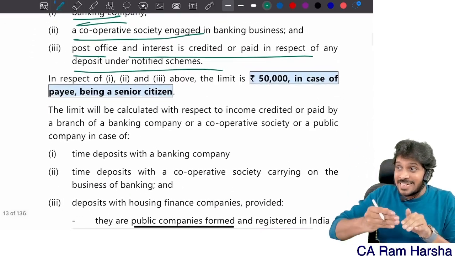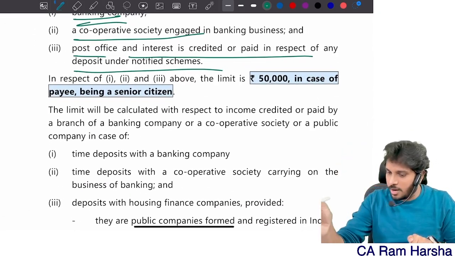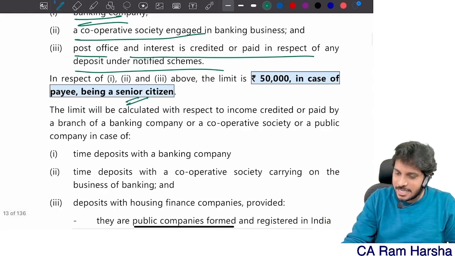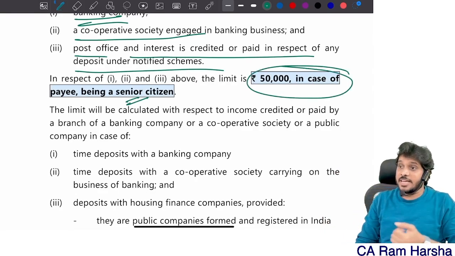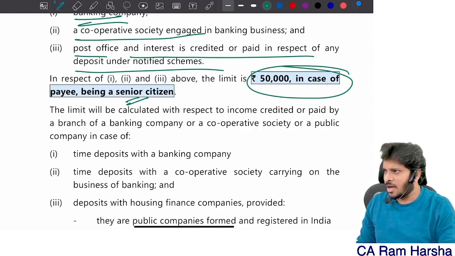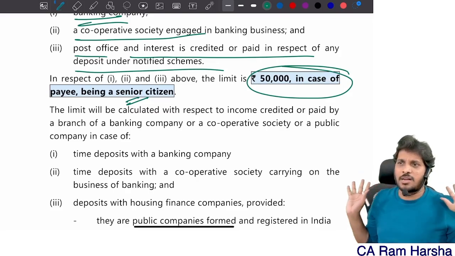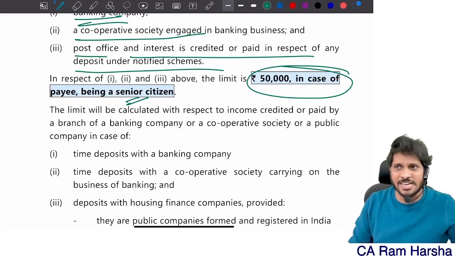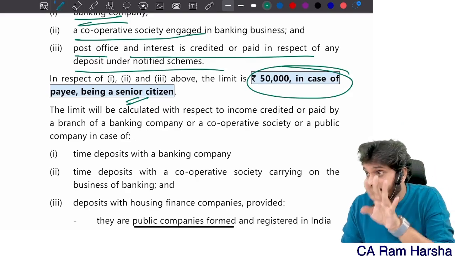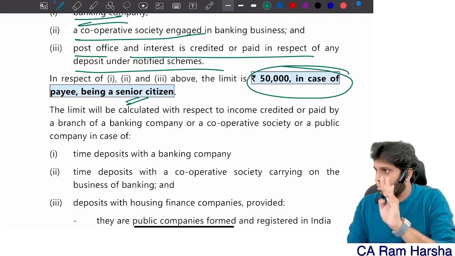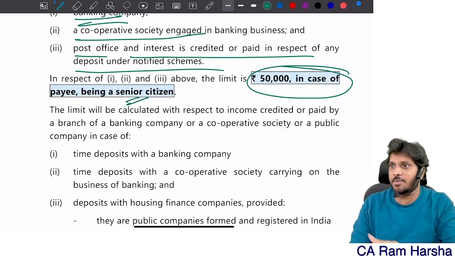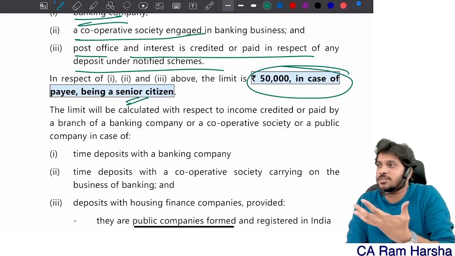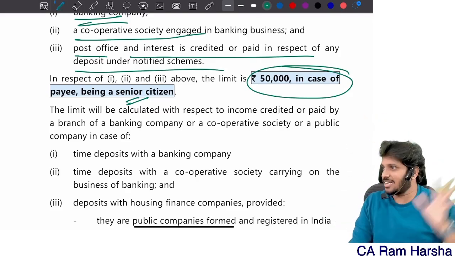Further, if the recipient is an individual and also a senior citizen, then the threshold limit is 50,000 rupees. Yes or no? Normally, if I pay interest, I am not a bank, the threshold limit is 5,000. The moment it crosses 5,000, 10% flat deduction applicable. The moment it crosses 40,000 in case of a bank payer, 10% flat on the entire amount of interest. The moment it crosses 50,000 in case of a senior citizen, flat 10%.